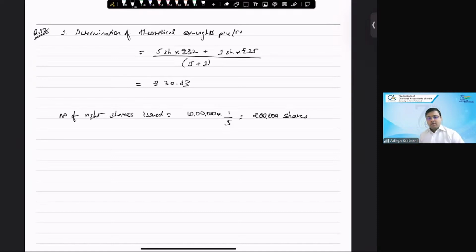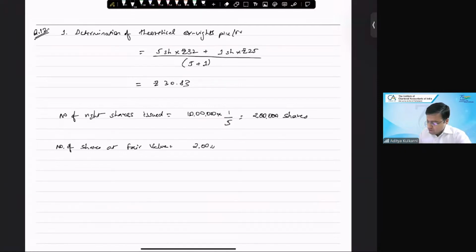So therefore, I issued 2 lakh shares. How much collection did I get out of that? 2 lakh into 25. Number of shares at fair value.